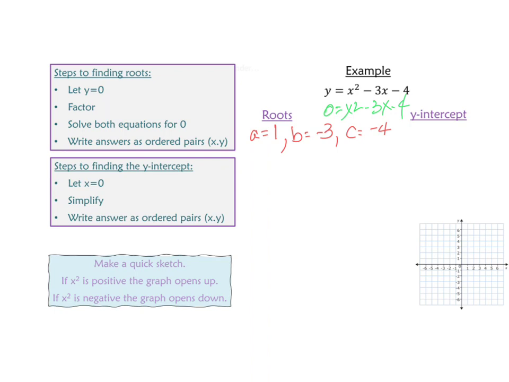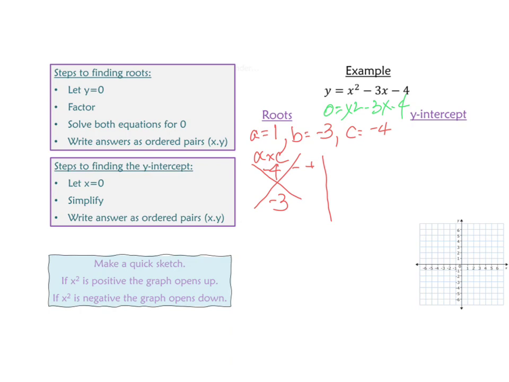To find our roots, we set up our diamond, and in the top it's a times c. So that's 1 times negative 4, which is negative 4, and b is negative 3. So two numbers that multiply together equal negative 4 and added together equal negative 3. I remind you that a negative and a positive are the only ways that we can come up with a negative product or result of a multiplication problem.